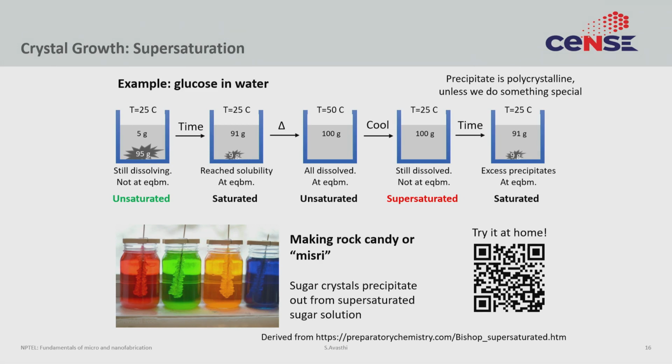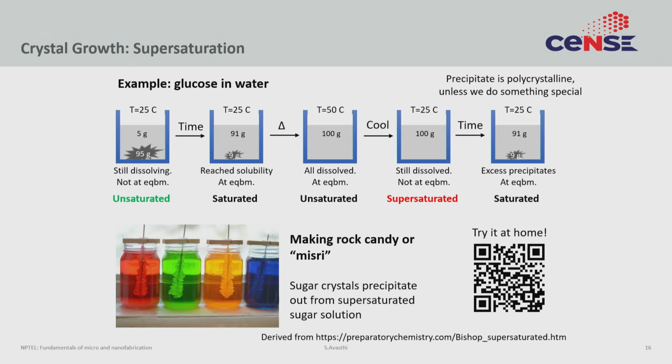What you are essentially doing is crystal growth. You are starting with polycrystalline sugar, which is the granulated sugar that you can buy in the market. You are dissolving it in water, and by this process of supersaturation to saturation, you are extracting larger grains. Now, these are not single crystal, but they are still larger sized. If you were to do this very, very precisely, maybe you can even get a single crystal of sugar.